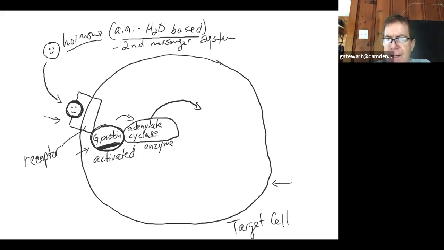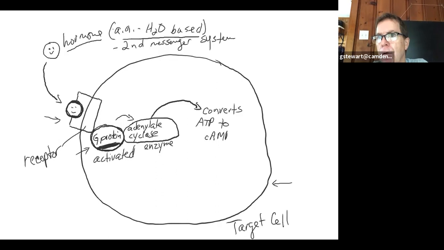When activated, adenylate cyclase converts ATP to cyclic AMP. So I'm just going to write little c. Now, you know what ATP stands for, adenosine triphosphate.